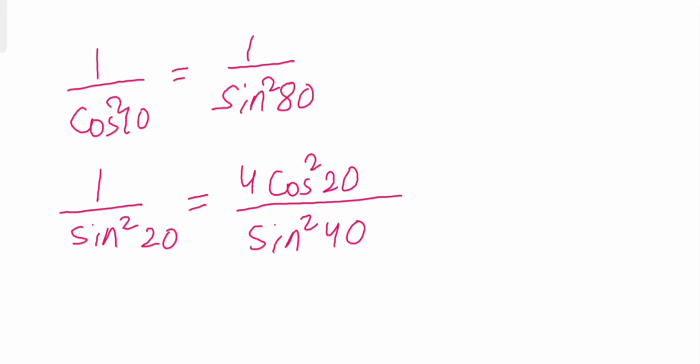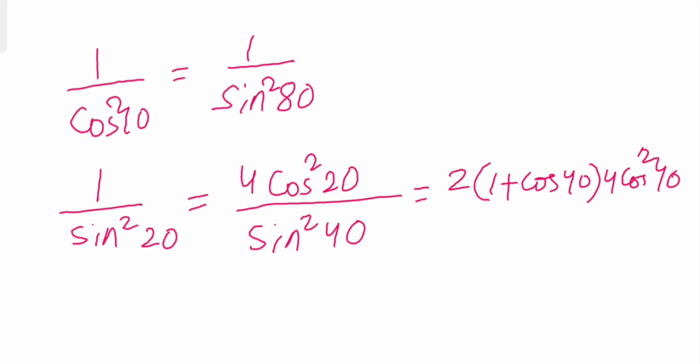And then in the numerator again let's use our cos 2 theta formula, and finally we'll get something like 2 into 1 plus cos 40 into 4 cos square 40 by sin square 80.